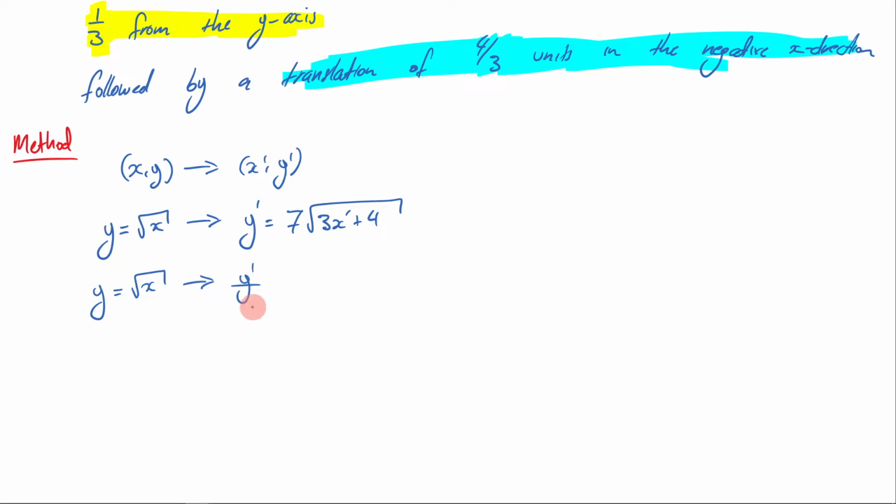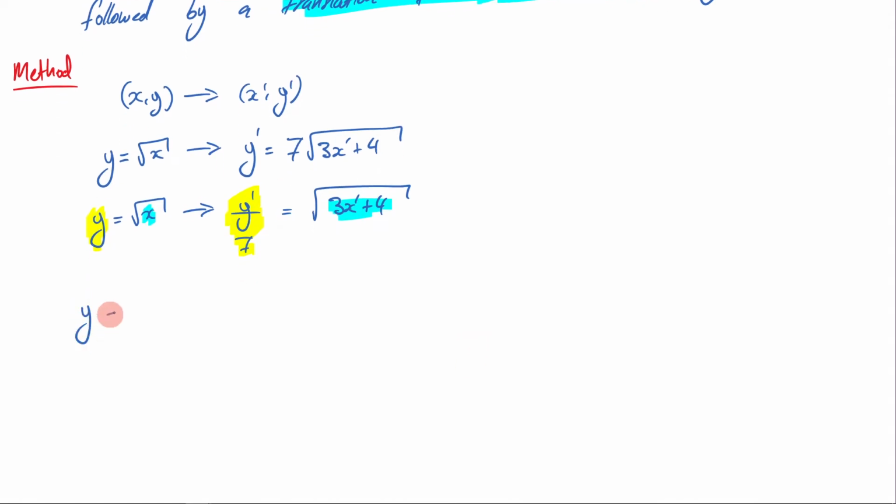Once I've done that, I then want to rearrange this. So I divide that by 7 so that it looks like this. And now what I can do is I can say, all right, let this y be equal to this, and then let this x be equal to that. And don't forget your dashes, there's still a dash there. So that means y is going to be equal to y dash over 7, and x is going to be equal to 3x dash plus 4.